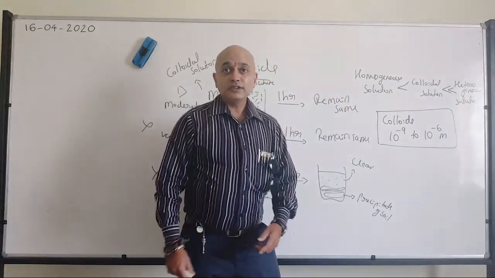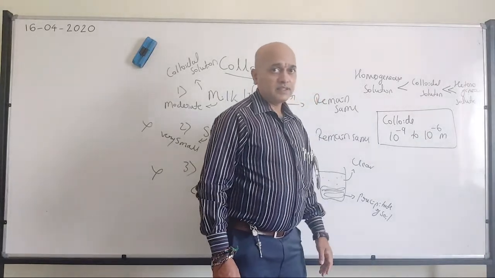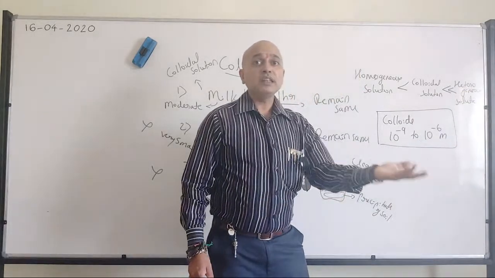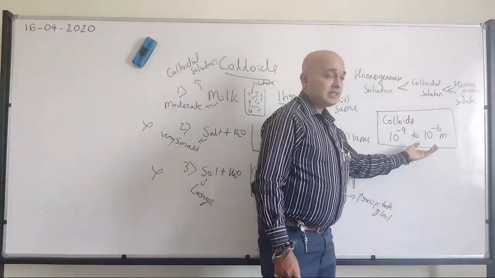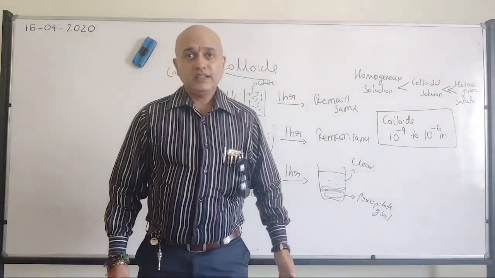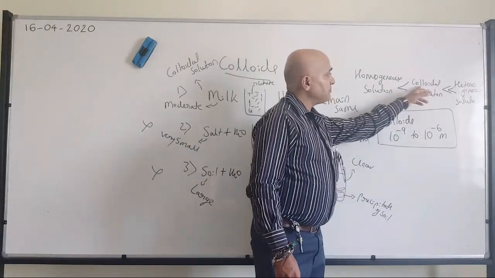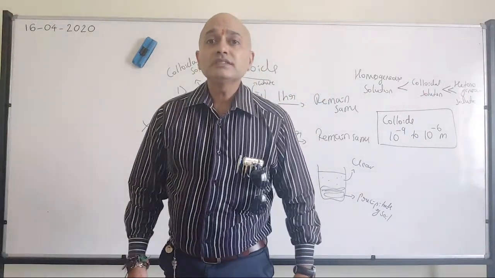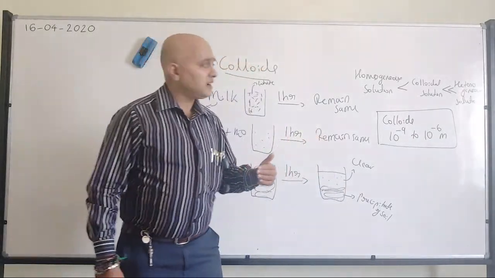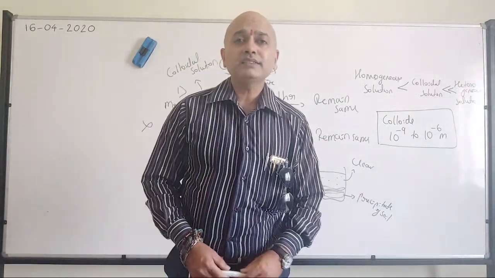So the unit is important. Now anything above this size is a heterogeneous solution, where particle size will be large. Anything below this is a homogeneous solution, right? Any particles within this size range will form a colloidal solution. So what is the size range of the colloidal particles? That is 10 to the power of minus 9 to 10 to the power of minus 6.